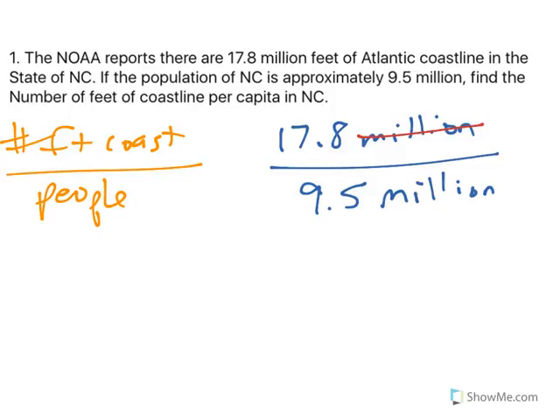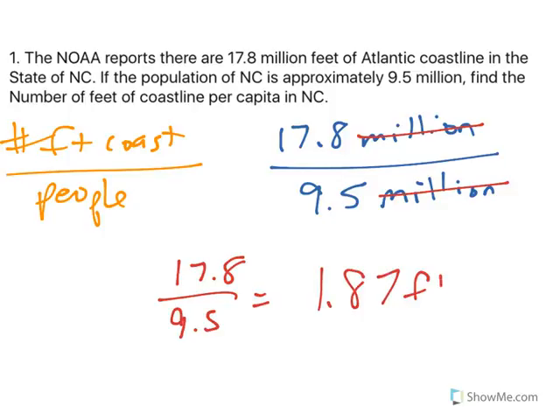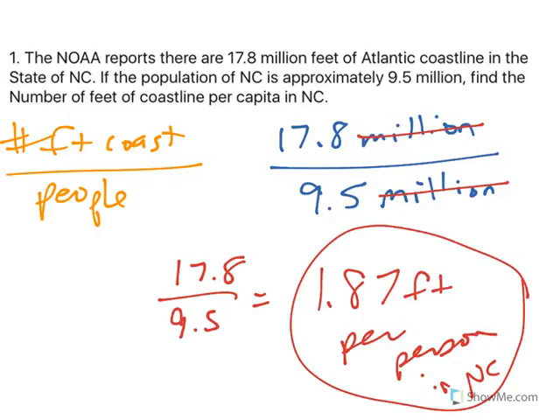Now, because they're both in million, those can cancel out. And I'm really just doing the problem 17.8 divided by 9.5. That makes it a little bit easier. And when I do that, I get 1.87 feet of coastline per person in North Carolina. Now, obviously, they don't all live on the coast, because if they did, they'd have 1.87 feet. That's not very much room.